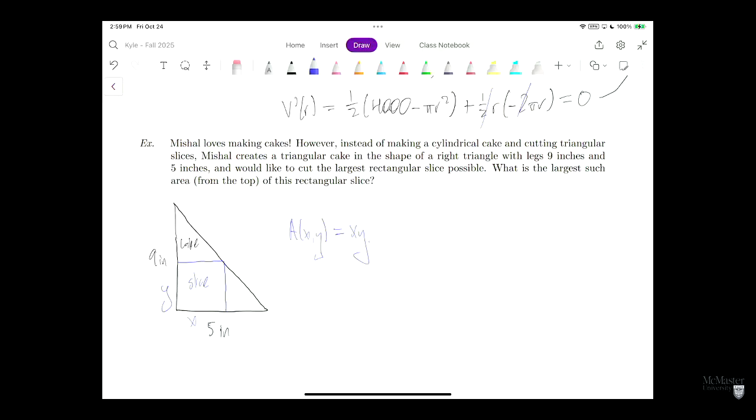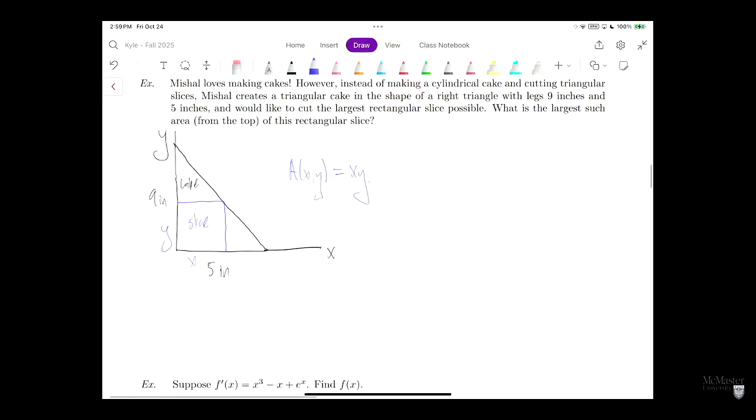Very good. So we're going to imagine that this triangle is on the Cartesian plane. Here's our x-axis and here's our y-axis. In particular, we have a line that passes through the points (0, 9) and (5, 0). Now we know that this point here, our (x, y) point, is going to lie on that line.